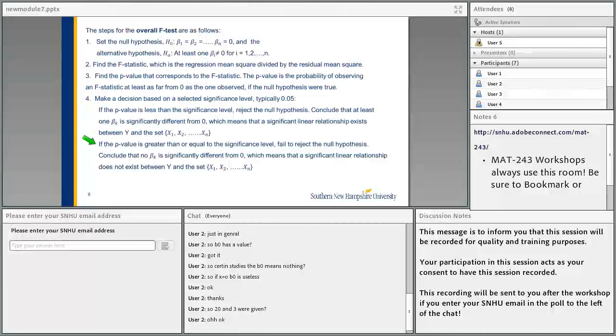But if the p-value is greater than or equal to the significance level, we fail to reject the null hypothesis. We conclude that no beta k is significantly different from 0, which means that a significant linear relationship does not exist between y and the set x1 through xn.